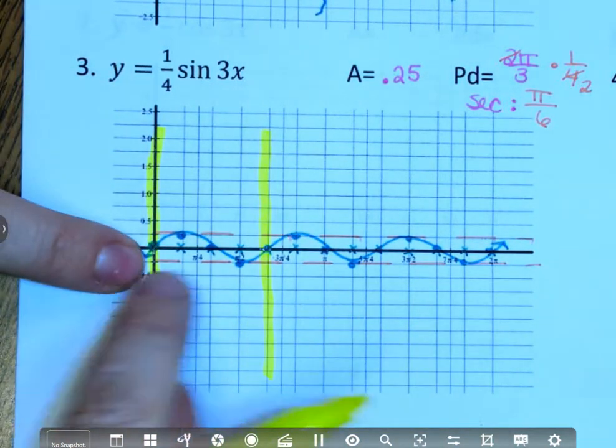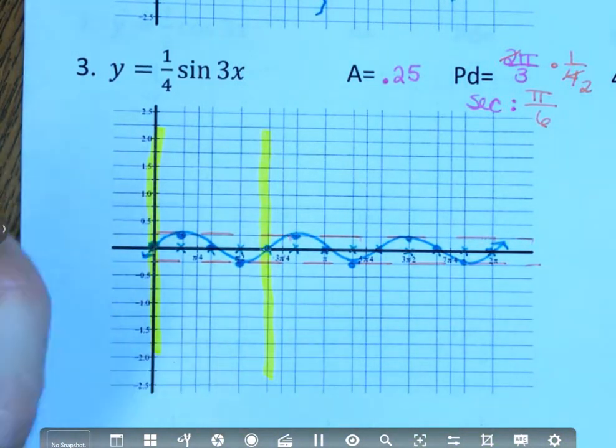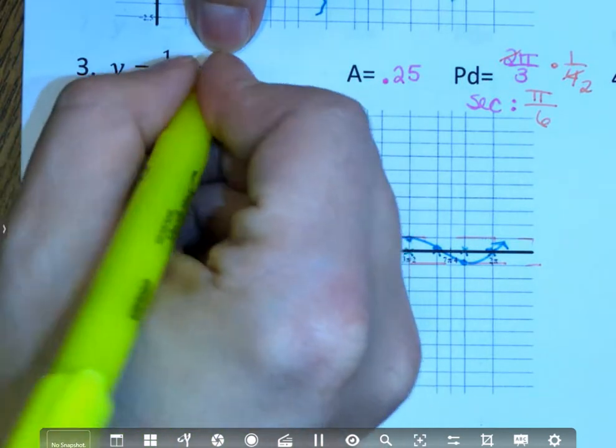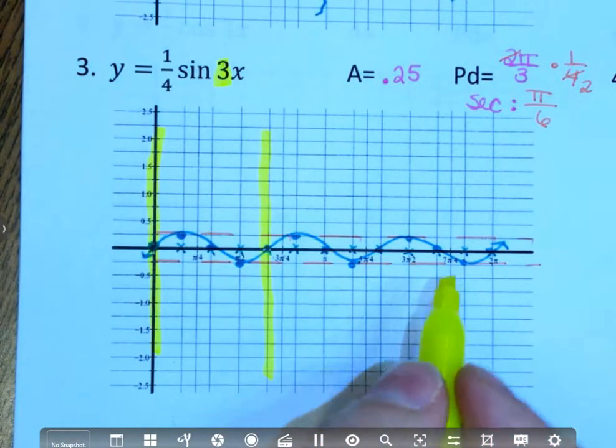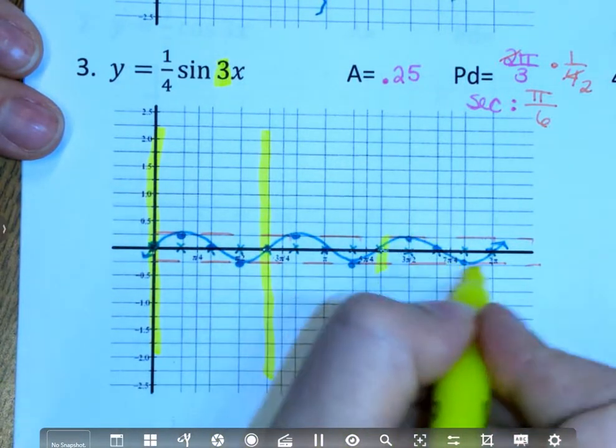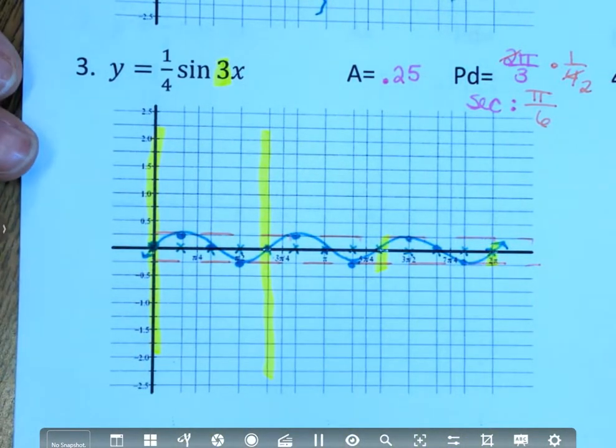But no matter what, you have to take it out. And hey, how many periods should I see on this graph? 3. That number is how many periods I should see. So that's 1, 2, 3. Got 3 periods in there.